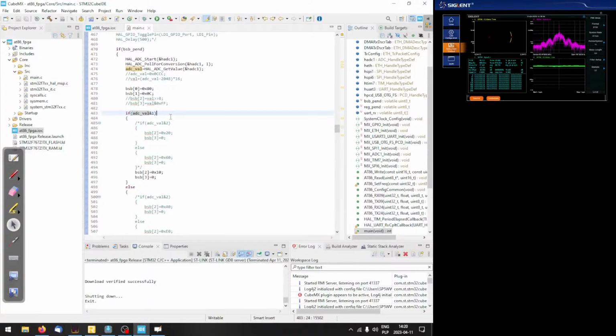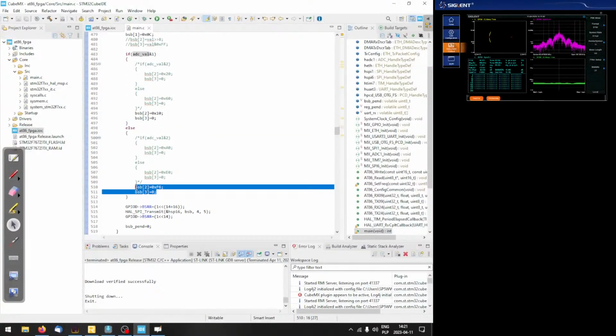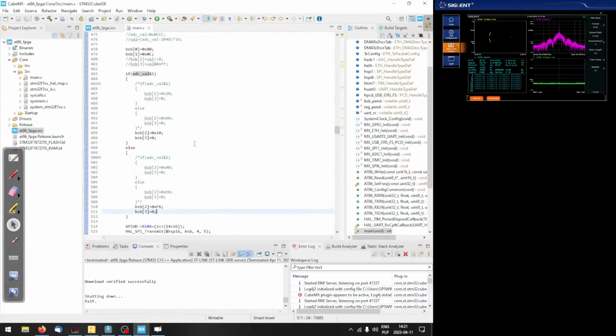We AND it with 1, so it's either 0 or 1. That gives us this baseband sample or this baseband sample. In our case, that was this value, 1000 in hexadecimal, and in this case, it's a negative value.